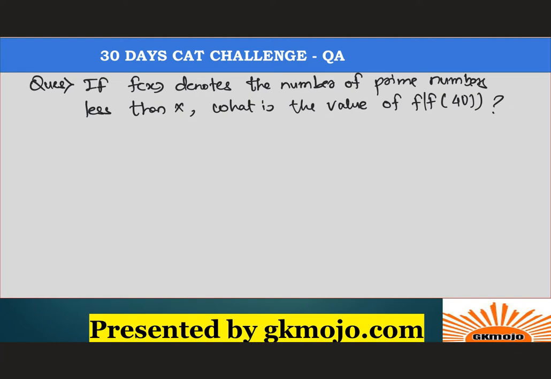If f of x denotes the number of prime numbers less than x, what is the value of f of f of 40? First, I would like to tell you what this function signifies. It is the number of prime numbers less than x.